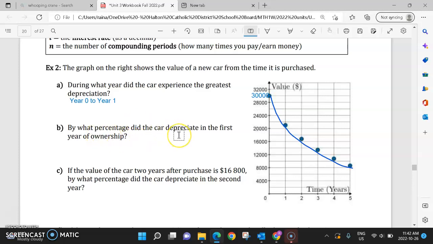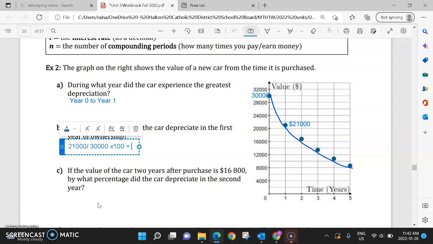By what percentage did the car depreciate in the first year of ownership? So we're going to look at how much that value has gone down. It's gone down from 30,000 to this value here, which is right between 20,000 and 22,000. So I'm going to approximate that to be 21,000, okay? So what percentage did that car drop down? I'm going to take my new value, divide it by the original value, which was 30,000. And then in order to figure out a percentage, you always want to multiply that by 100.